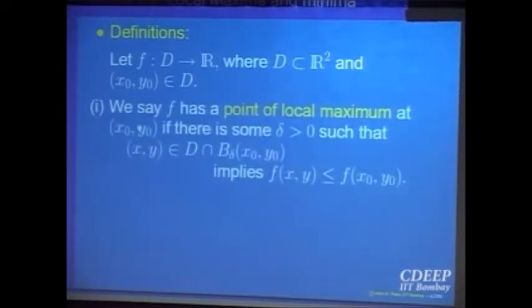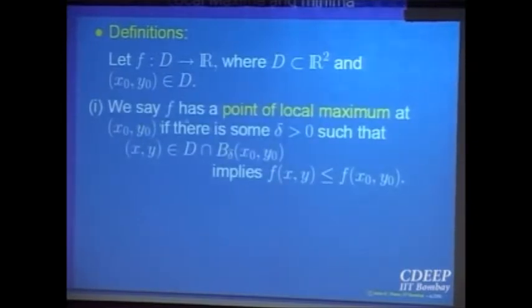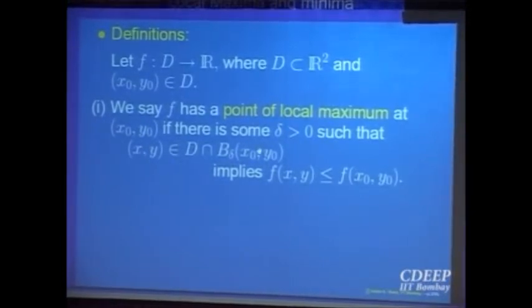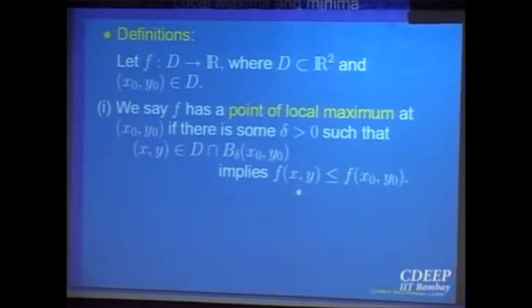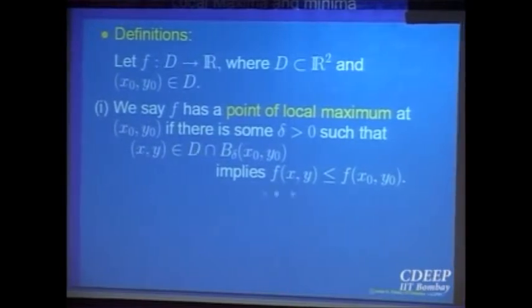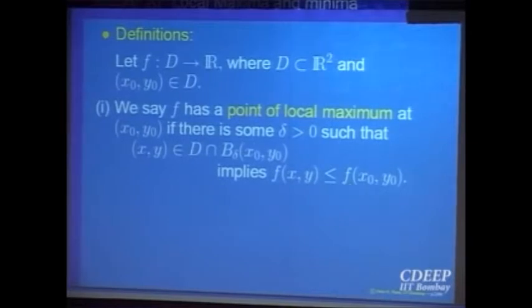So let us define. So we say a point of local maximum x0, y0 if there is a delta such that if you take an open ball of radius delta and take all points of the domain inside that neighborhood, that should imply that the value at every other point in that domain is less than or equal to the value at that point. Right? In a neighborhood, the value is the largest. That is local maximum.